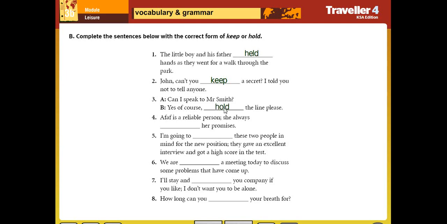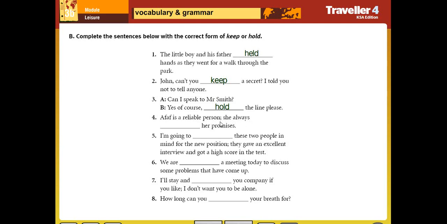Hold the line please. Hold the line. عفاف is a reliable person is someone you can rely on him, تستطيع أن تعتمد عليه. Reliable شخص موثوق فيه.